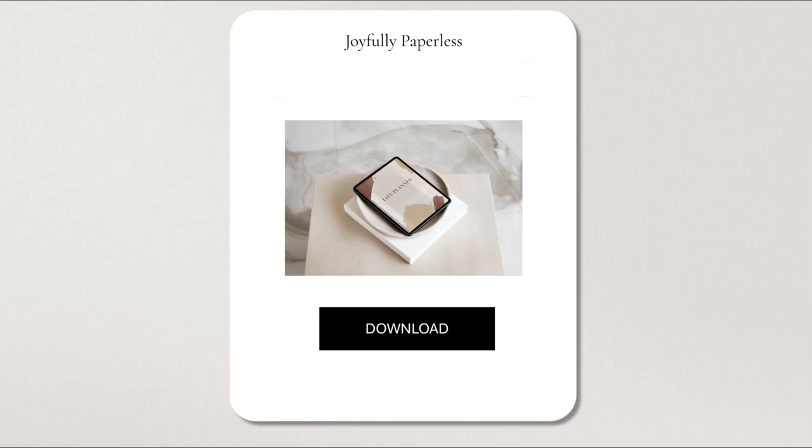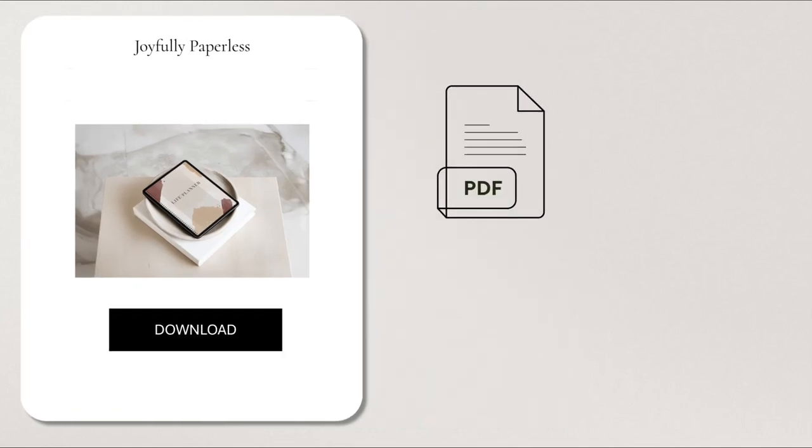So when you purchase a product from me, you receive a PDF with some instructions and links, so you can access everything you need. And you're definitely going to see a download button where you can actually access the digital planner or notebook, for example. When you click on that download button, it opens up the PDF.